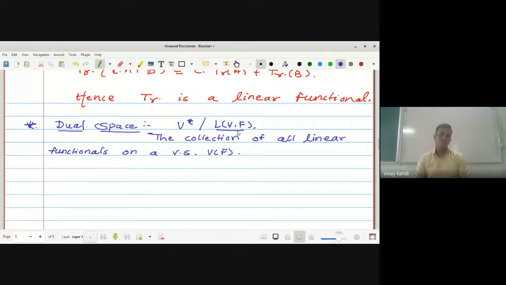That means the collection of those linear functionals on V.